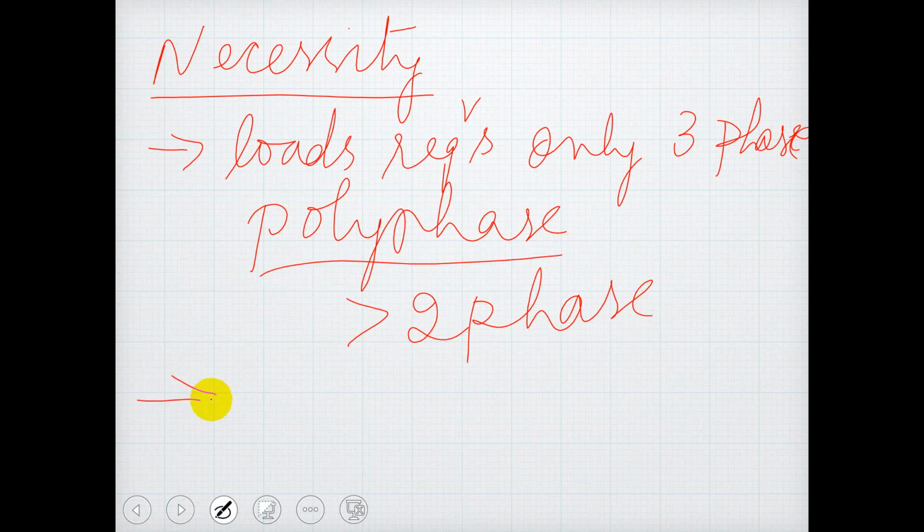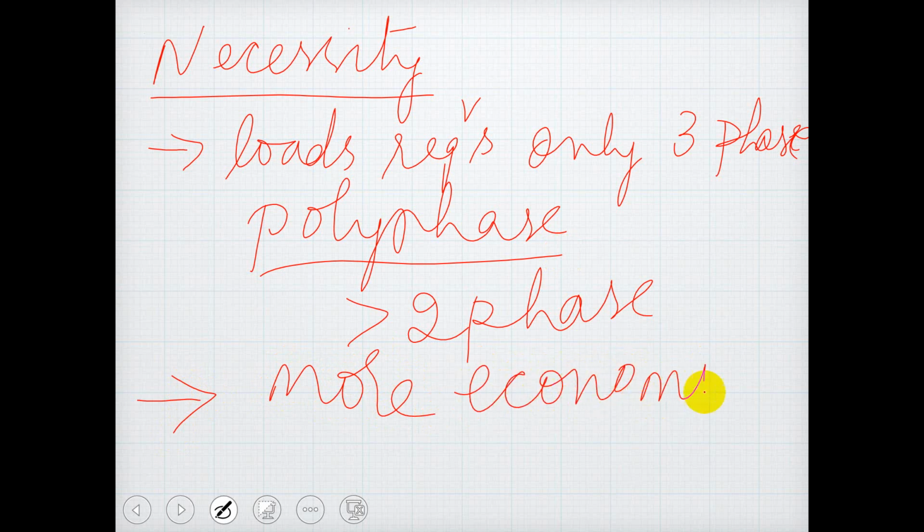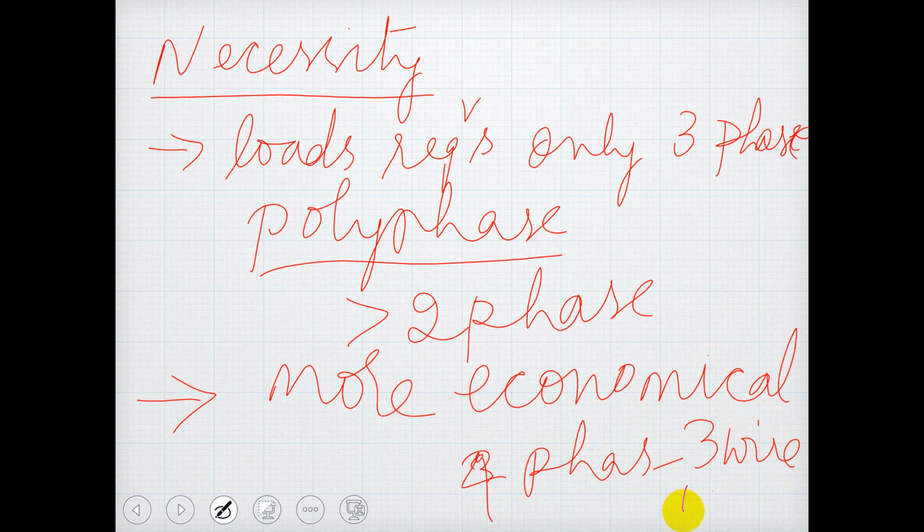The second necessity is that in practice, the three-phase system is found to be more economical. Rather than single phase, three-phase is more economical. It has certain advantages over other polyphase systems. If you take four phase, four phase means three wires and one neutral.